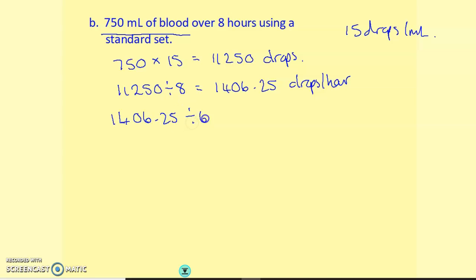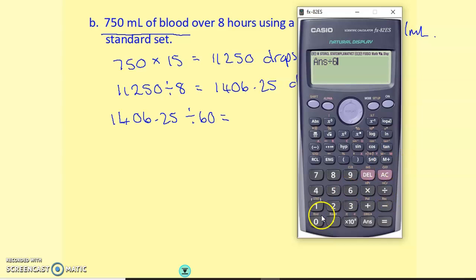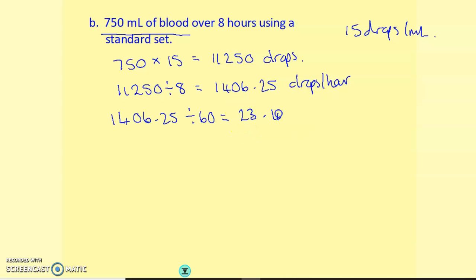So divide it by 60 to get it into minutes. 23.4375, which would be 23.4 drops per minute.